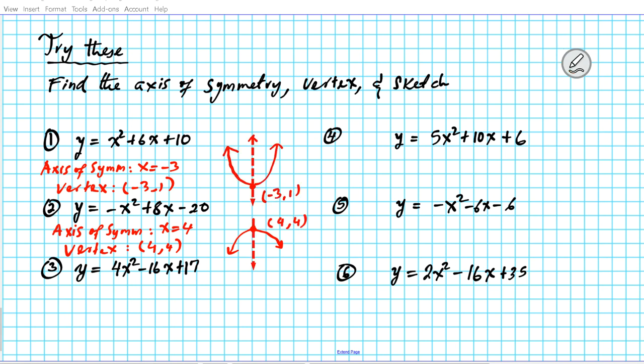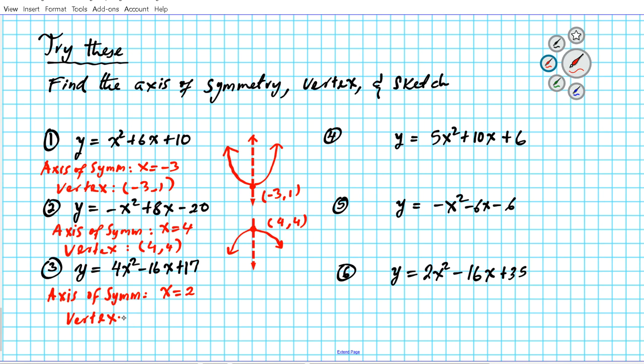Alrighty, let's take a look at number 3. For number 3, the axis of symmetry is x equals 2, and the vertex is (2, 1).